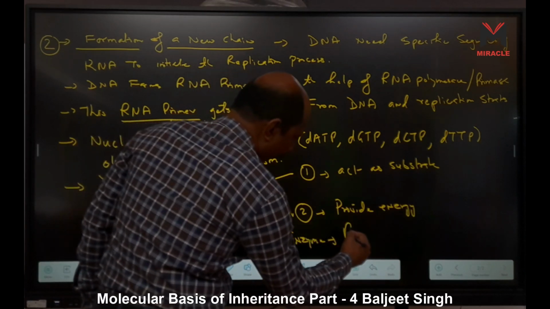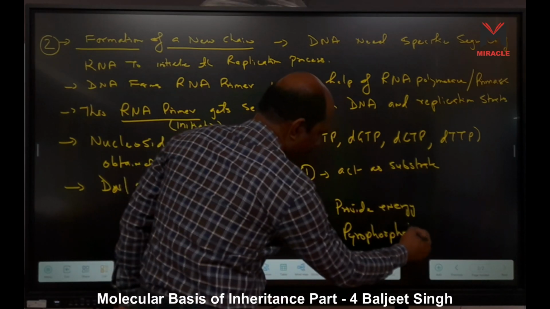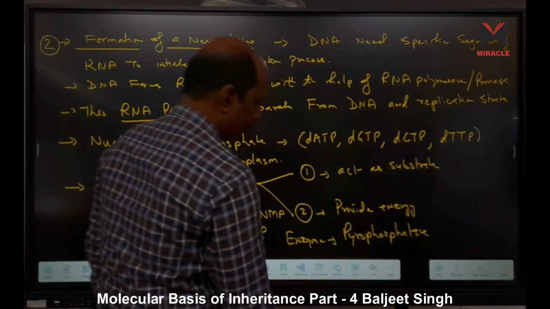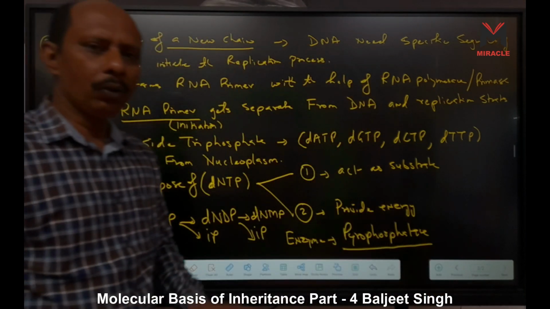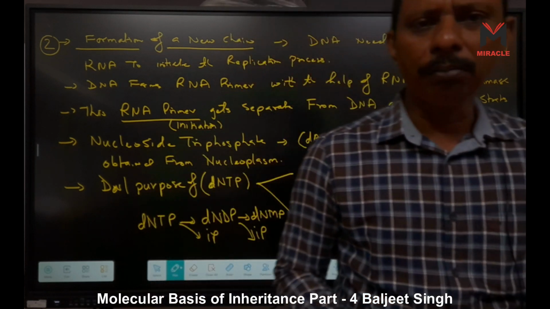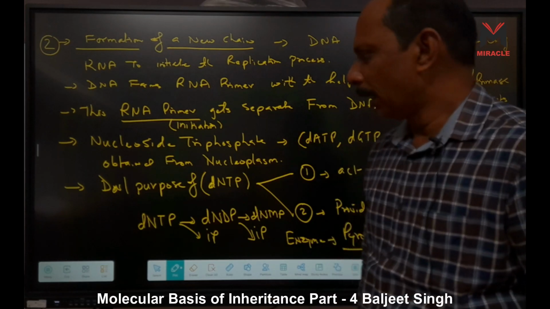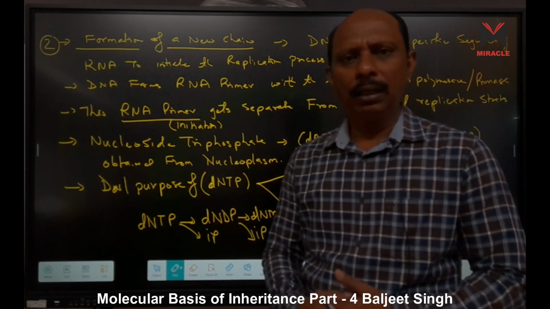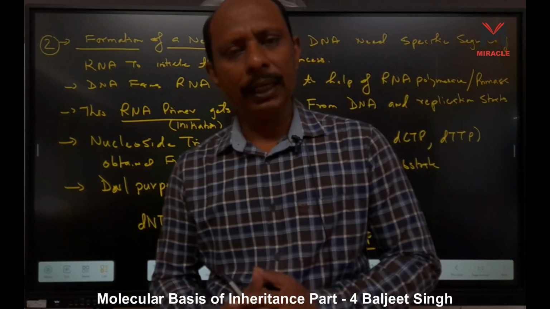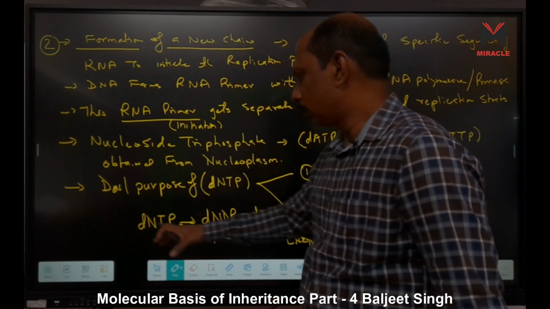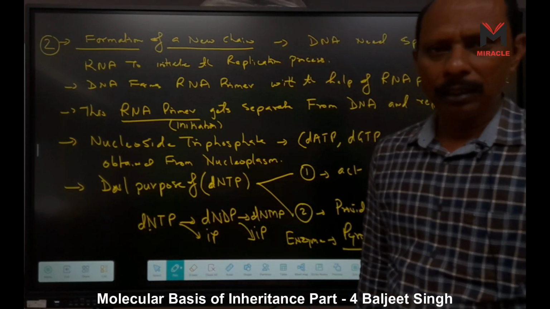Which enzyme? It is the pyrophosphatase enzyme. Due to the presence of this pyrophosphatase enzyme, these nucleoside triphosphates convert into nucleoside monophosphate, and a huge amount of energy is released, because DNA replication is a very expensive process when we consider the energy. So this energy is provided through nucleoside triphosphates, right?